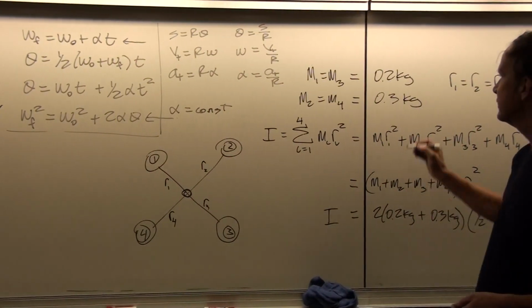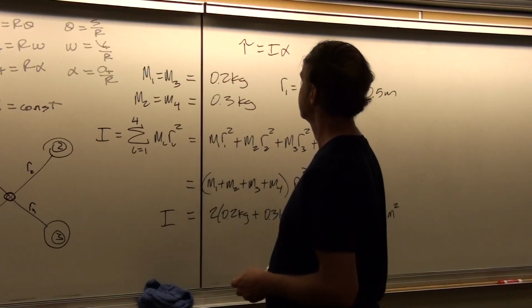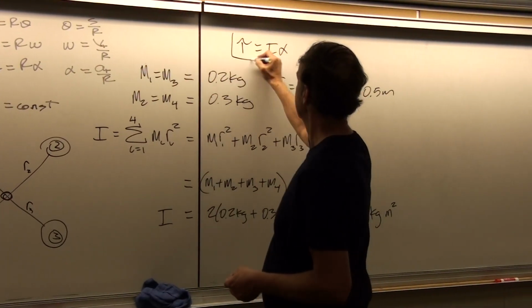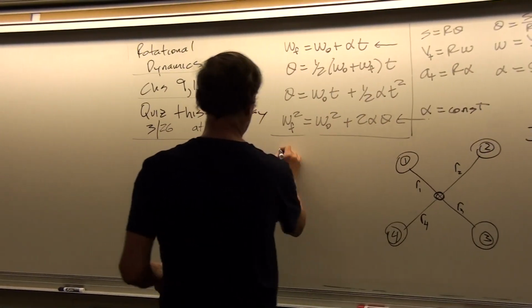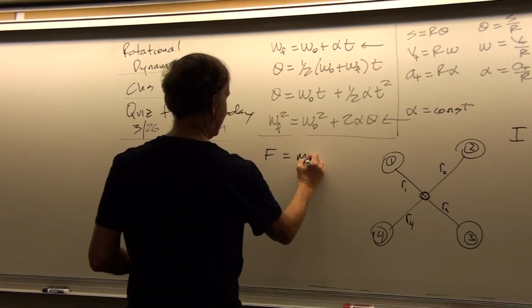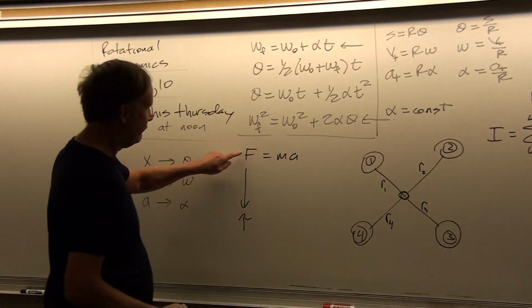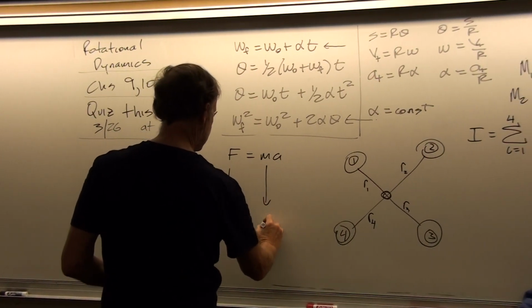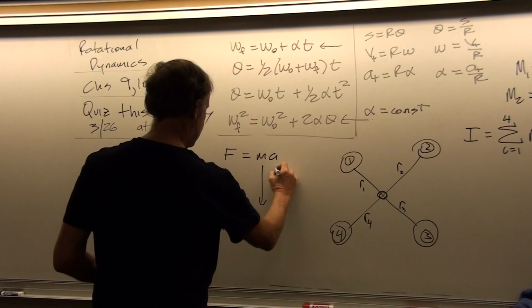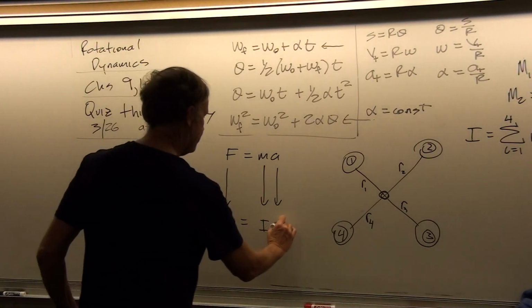Okay? And so torque then equals I alpha is our preferred relationship, in which if we use, for example, the equation F equals ma, this becomes our rotational equivalent. If force becomes torque, mass becomes moment of inertia, and as we saw before, the acceleration becomes alpha.